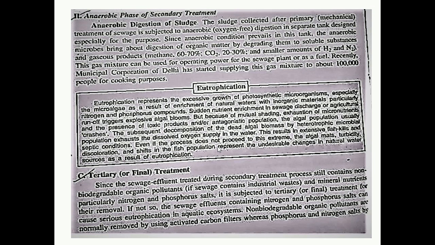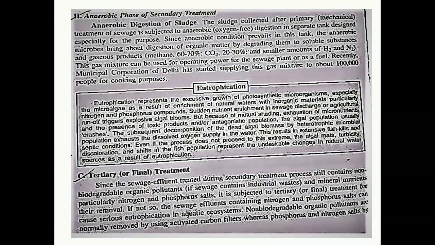If not, the sewage effluents containing nitrogen and phosphorus salts can cause serious eutrophication in aquatic ecosystems. Eutrophication is nothing but the excess growth of algae due to the presence of excess nutrients in a particular water body. So to minimize eutrophication, we use tertiary treatment.